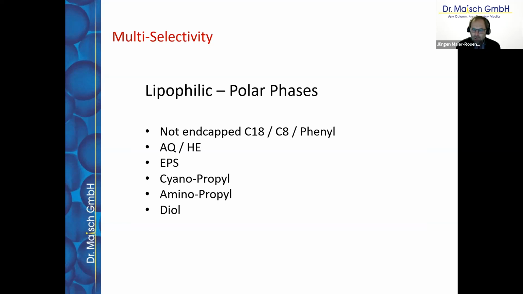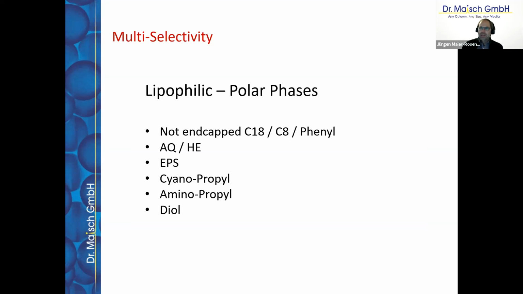If we look at the first set of stationary phases, they have a balance between the lipophilic character, mainly presented through C18 or C8, and polar groups on the surface. So we have a lipophilic polar balance where the molecules can interact.